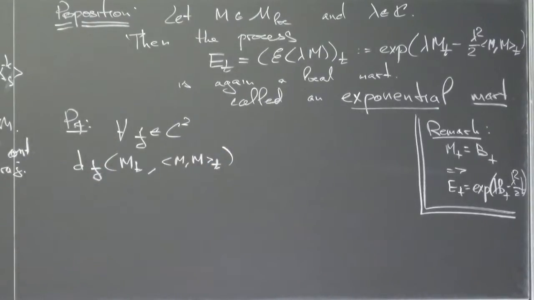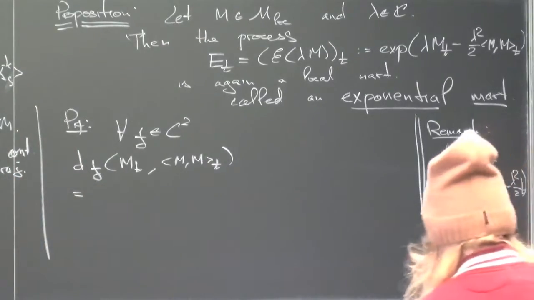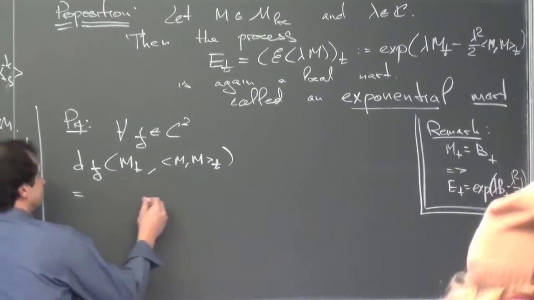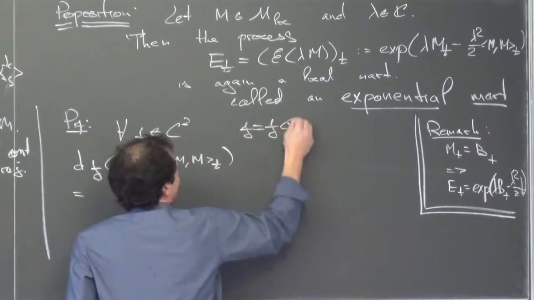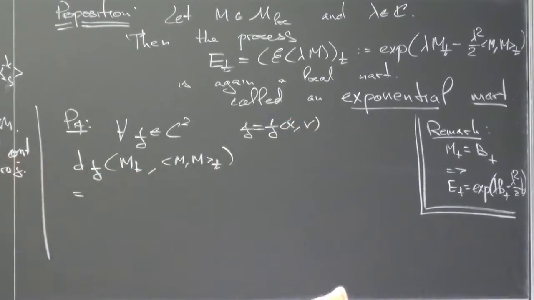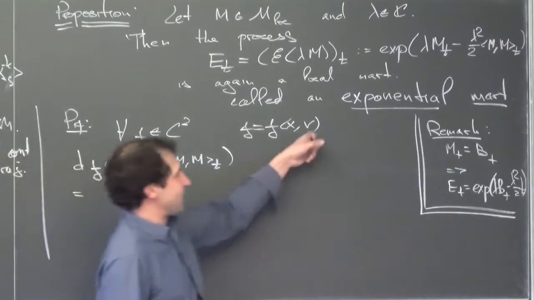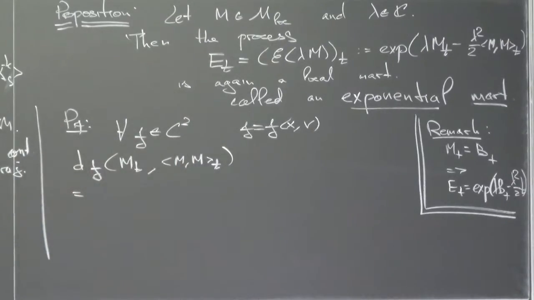Okay, easy. This should follow from here, and indeed it does. I'm going to denote the variables x and v, because this is the variation. So what's that?